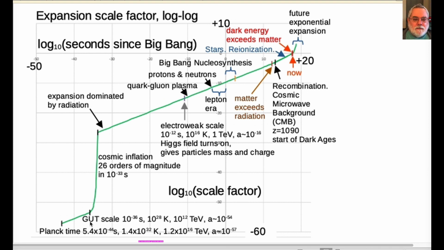Around 10 to the minus 36 seconds, the temperature fell to 10 to the 28th Kelvin, and the strength of the electroweak forces fell below the strength of the strong nuclear force. They were no longer unified. Perhaps there were quarks, gluons, and color charge after this time, but the quarks were massless for the time being.